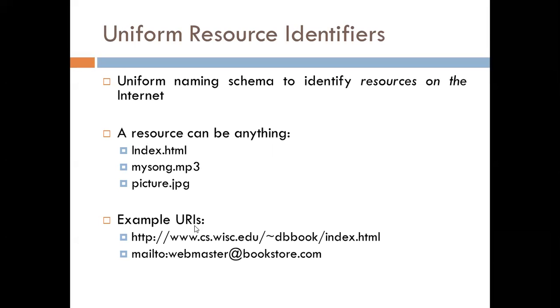So if a web page has 10 images, each one image can be identified uniquely. The path to identify each image we call a uniform resource identifier, and the entire web page we call a uniform resource locator, URL.